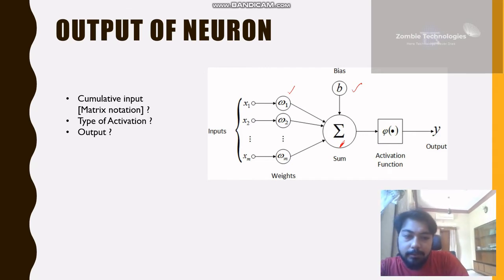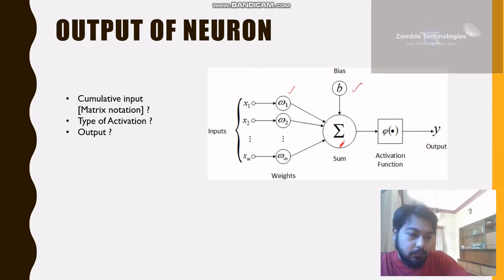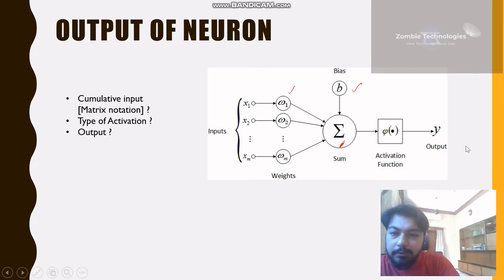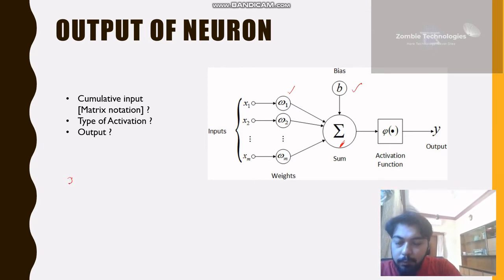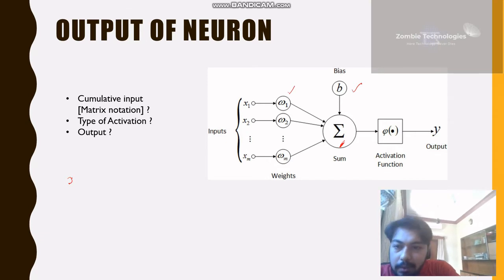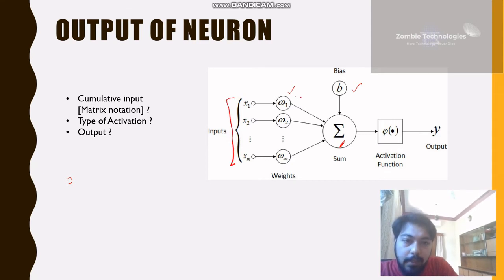So consider it like this. If I say there are m inputs, there would be m weights available.